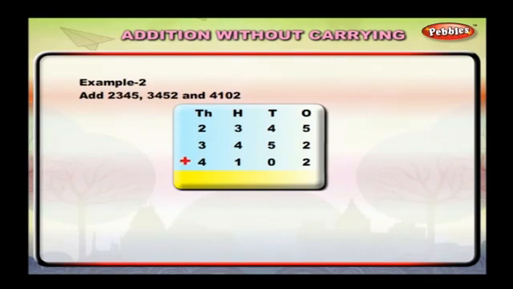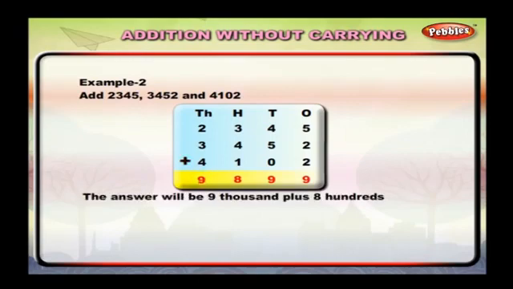Now, add the numbers in the ones column. 5 ones plus 2 ones plus 2 ones is equal to 9 ones. 4 tens plus 5 tens plus 0 tens is equal to 9 tens. 3 hundreds plus 4 hundreds plus 1 hundred is equal to 8 hundreds. 2 thousands plus 3 thousands plus 4 thousands is equal to 9 thousands.